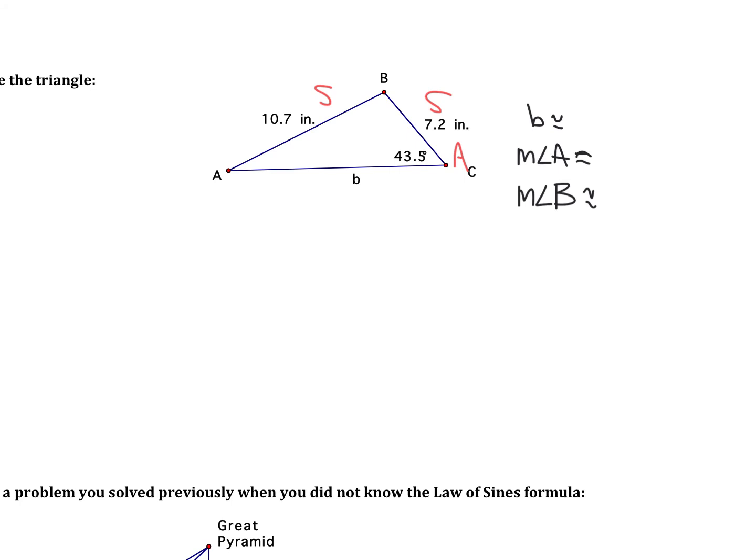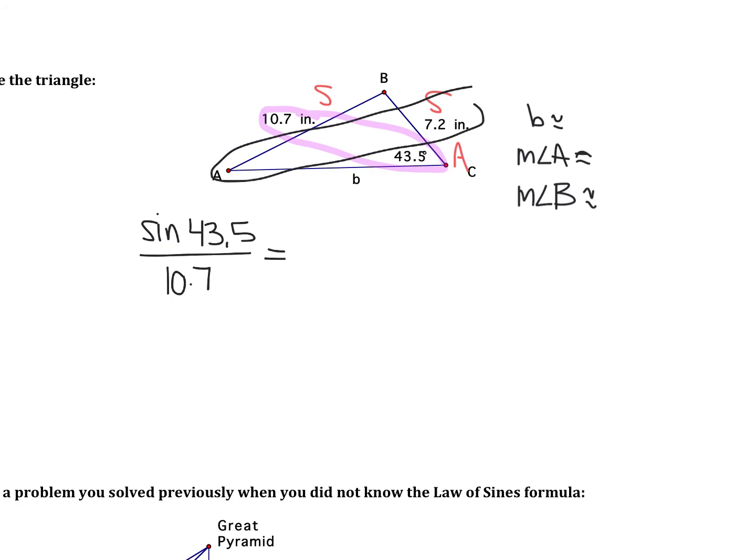Okay, but again, I always quickly just look and I think, okay, do I have an angle and its opposite side? I do. That means it's going to be a law of sines problem. So I'm going to write sine of 43.5 degrees over 10.7 is going to equal, now I have this piece of information because I have that side at 7.2.